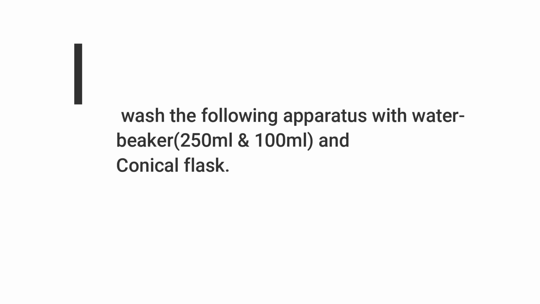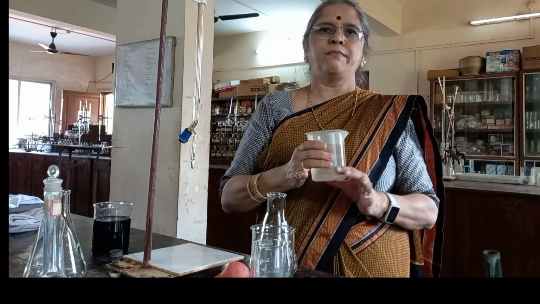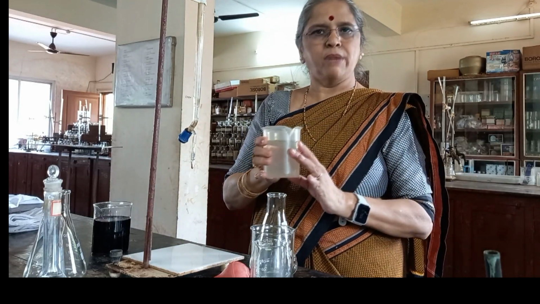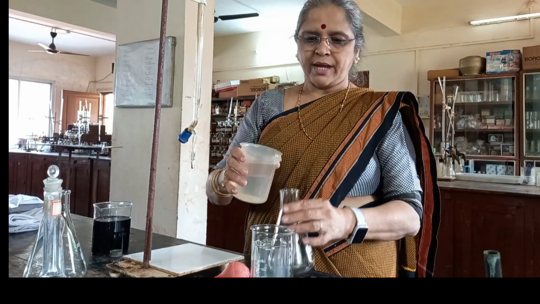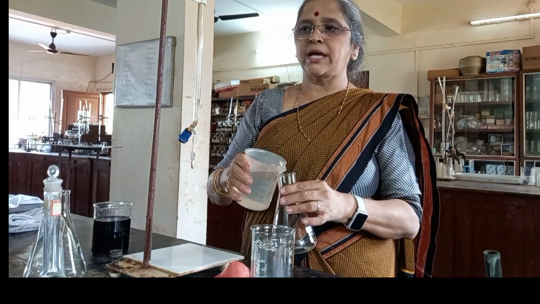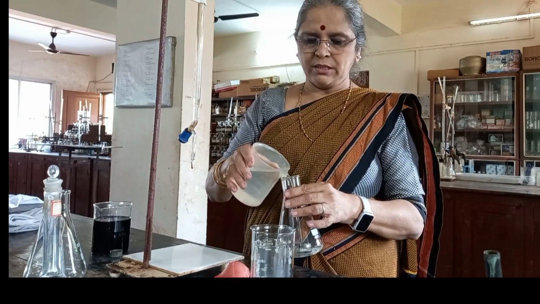Okay. So the first step to do any titration is to wash the apparatus. So you will be given this plastic beaker or a mug. In this you collect water from the tap, and don't wash your apparatus directly from the basin.